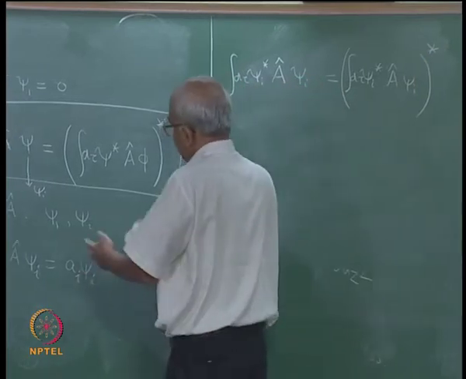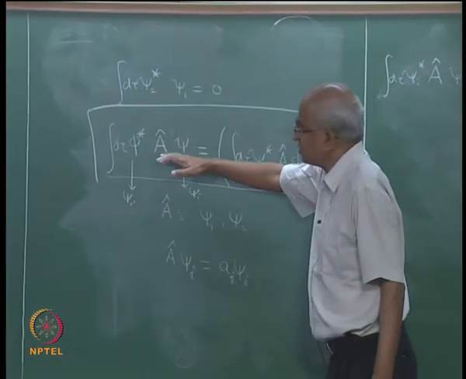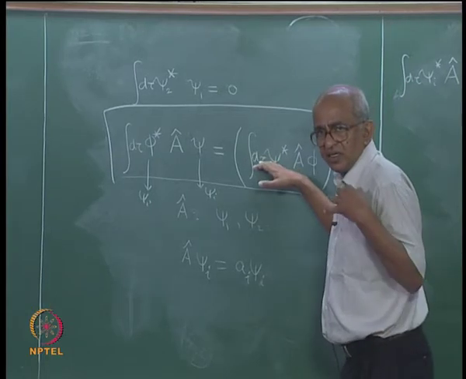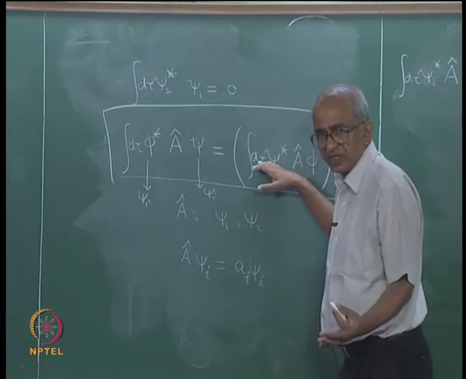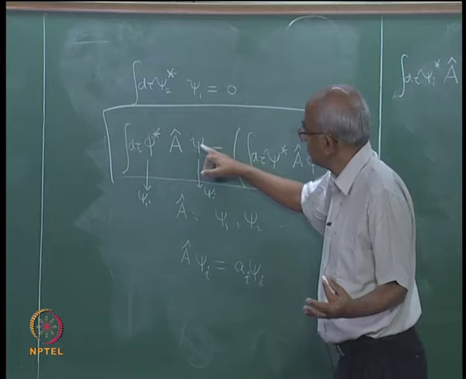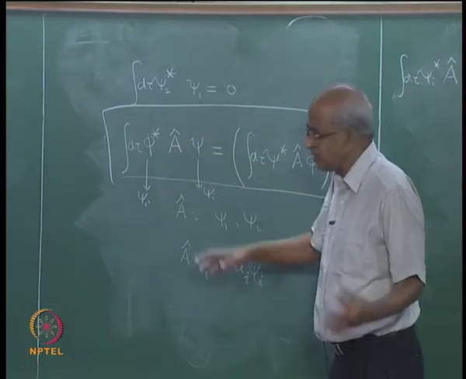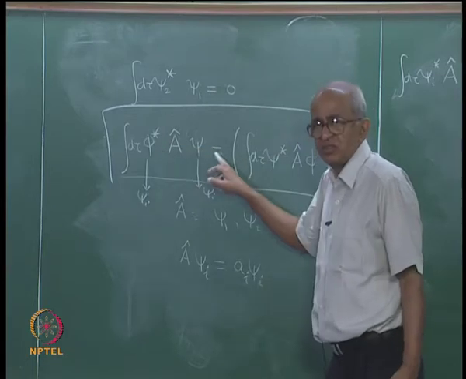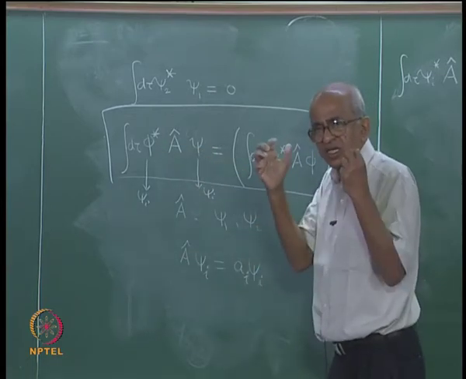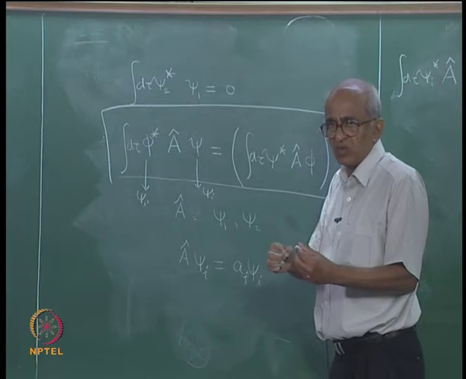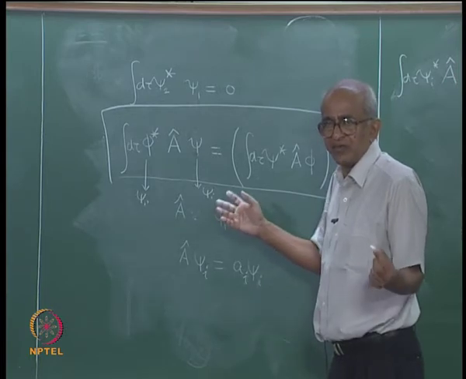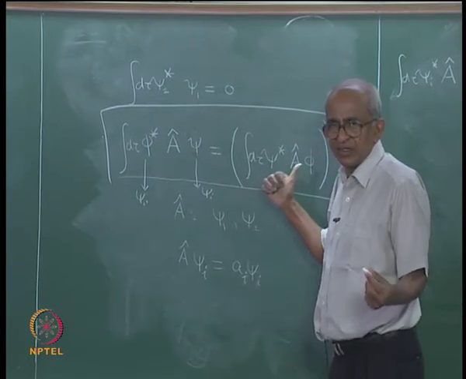All that I am doing is, this is satisfied by a Hermitian operator for arbitrarily acceptable psi and phi. So, I just say that this psi and phi are both the same eigenfunction of that operator, that eigenfunction being psi I.